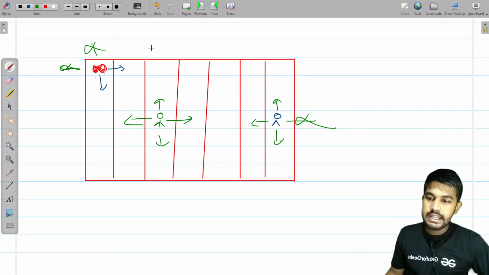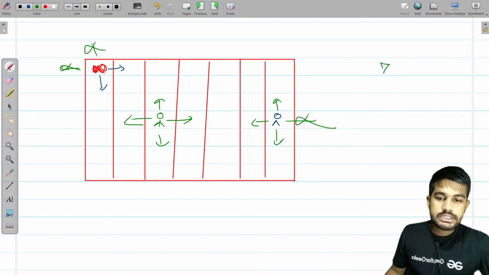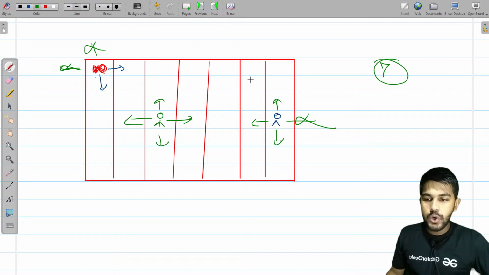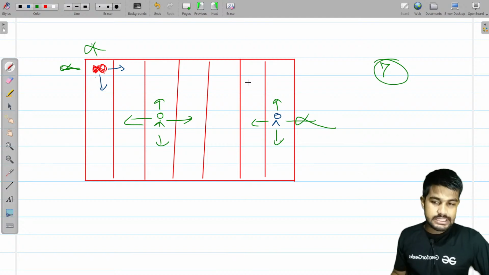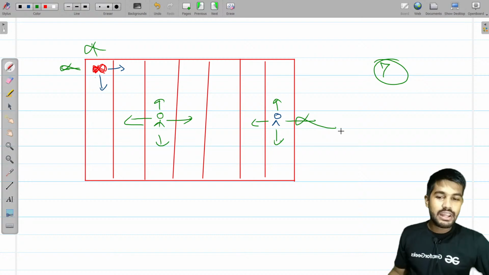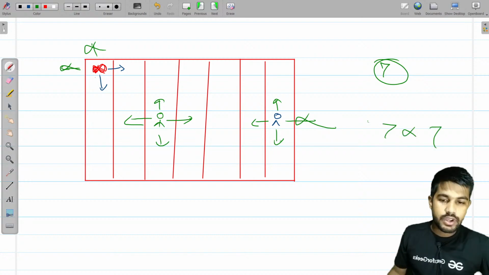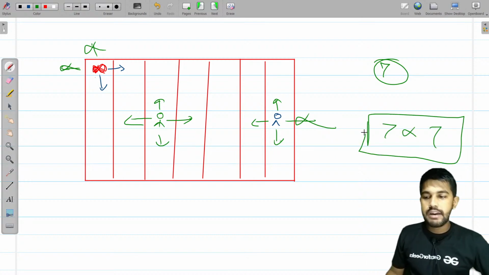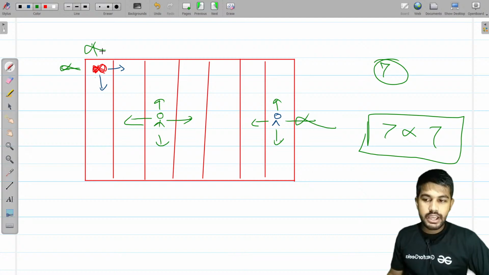Suppose the size is 1 2 3 4 5 6 7. So this is 7 by 7. Sorry, it is absolutely great. Unconsciously I made it, but this is a matrix of 7 cross 7. Suppose the value of this address is 0 comma 0.